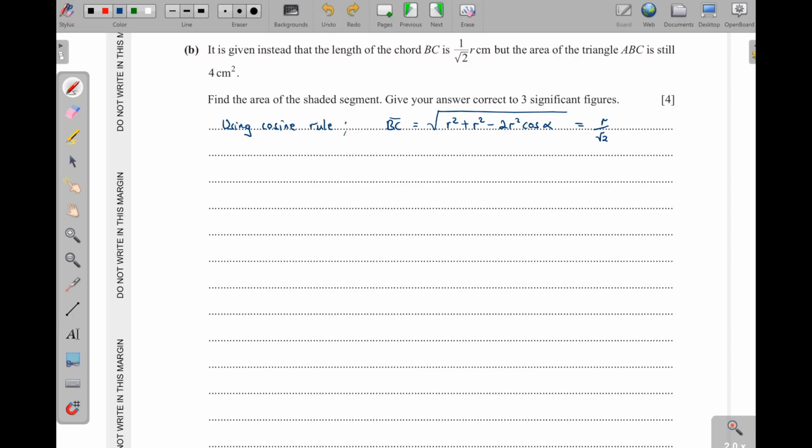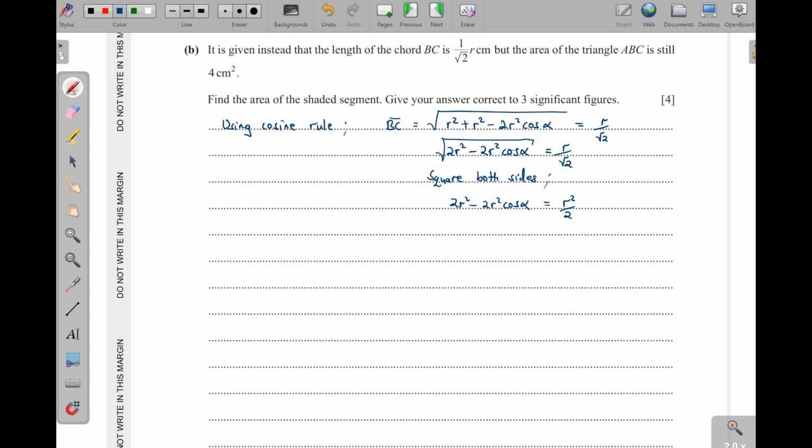So this is 2r squared, then minus 2r squared cosine of alpha, and this one here shall be equal to r over root of 2. Now from here, square both sides. When we do so, we shall have 2r squared minus 2r squared cos alpha, which is equal to r squared over 2. You see that?